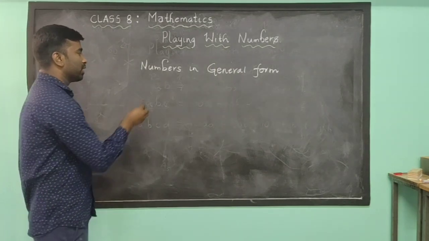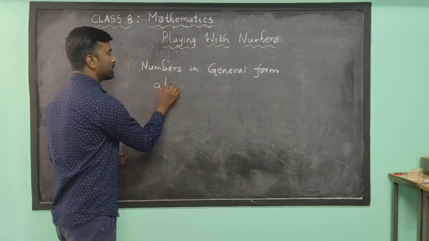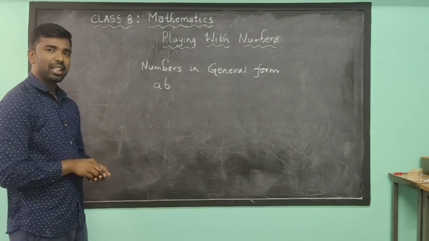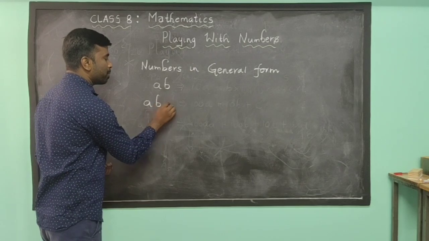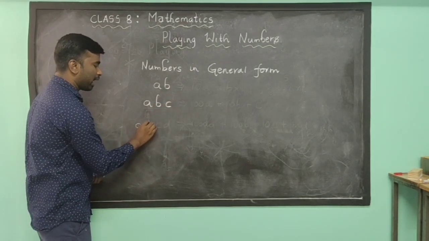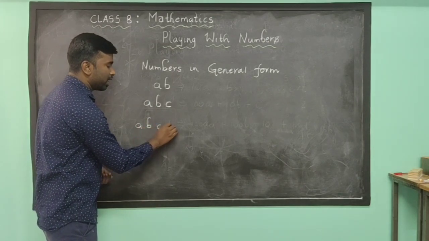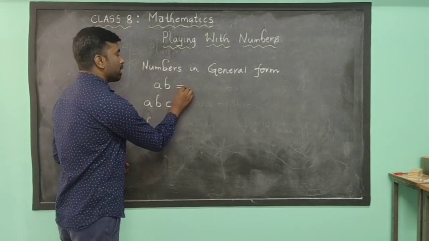In general, consider a two-digit number as AB, a three-digit number as ABC, and a four-digit number as ABCD.